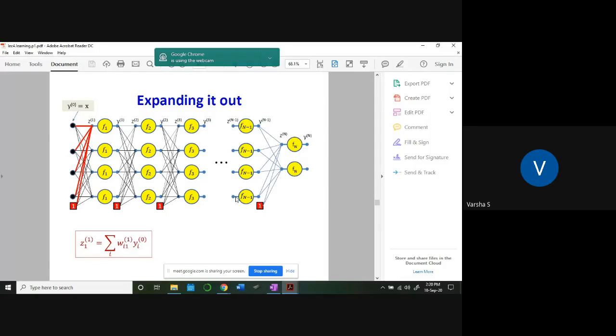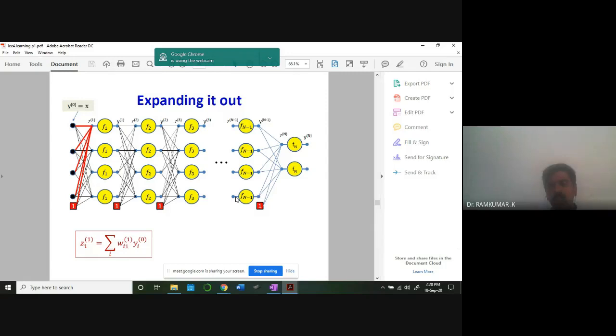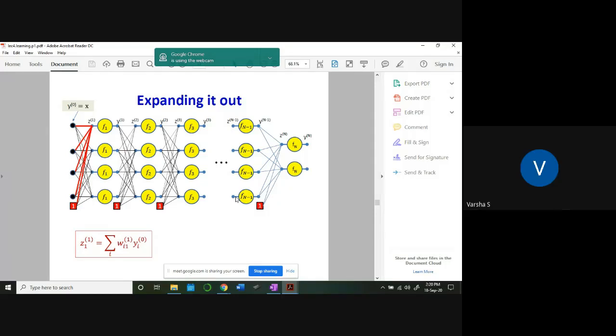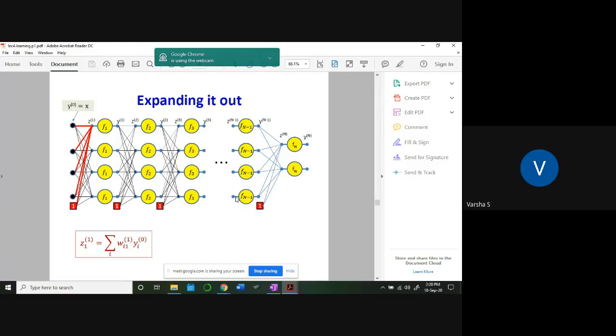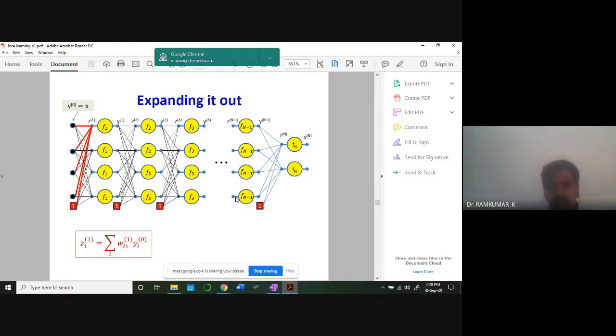The weights are getting multiplied with the inputs from various nodes, and then they are getting the summation. Okay, where is it all happening? Which particular node is it happening? It is at the Z1.